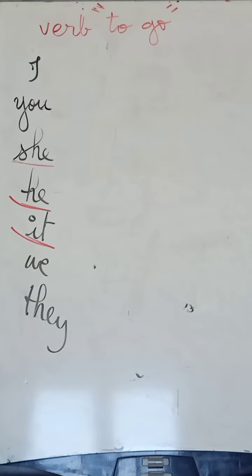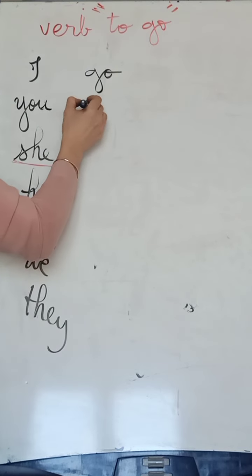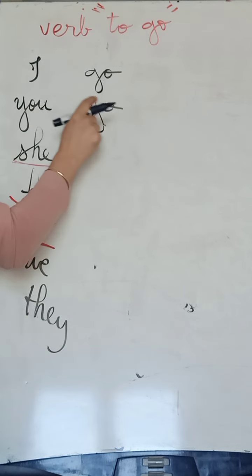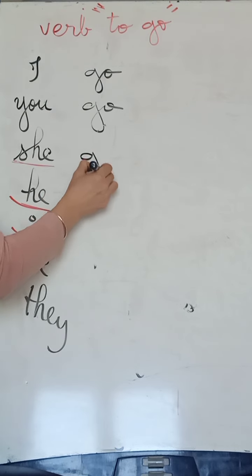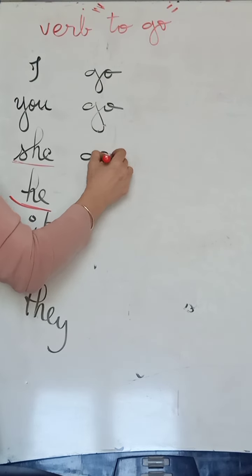Now, let's take the verb to go. The verb to go, ça veut dire le verbe partir, le فعل يذهب. I go, أنا أذهب, you go, أنت تذهب, or أنت تذهبين. She goes. Look here, I don't add an S. No, I have to add ES.